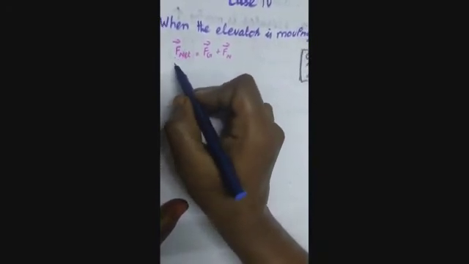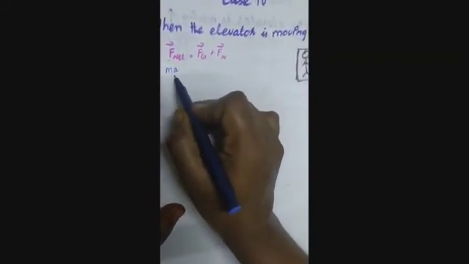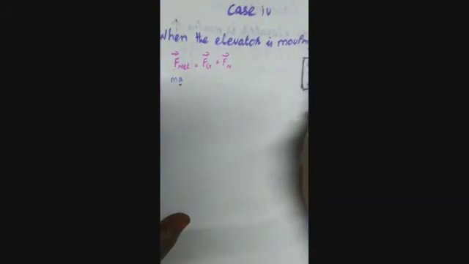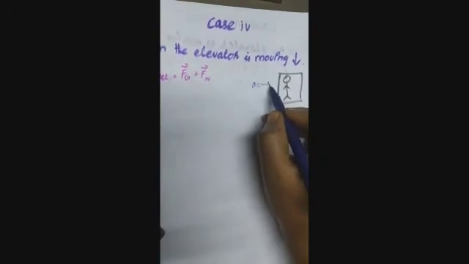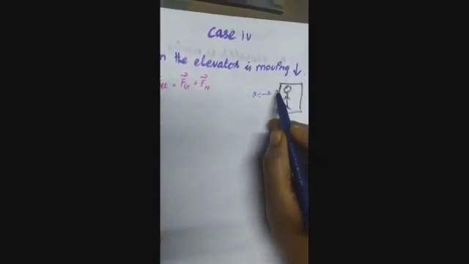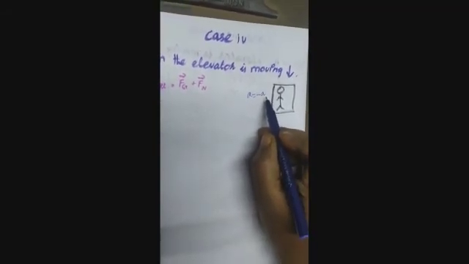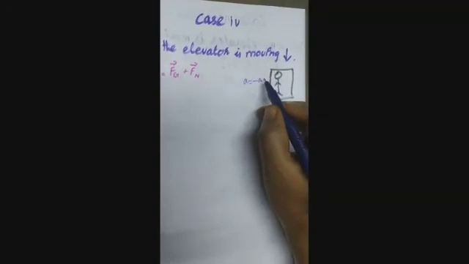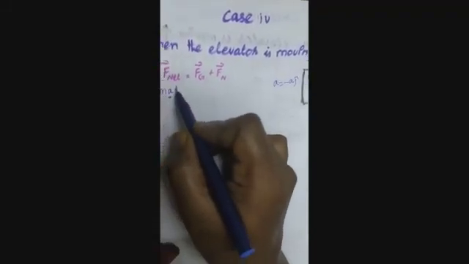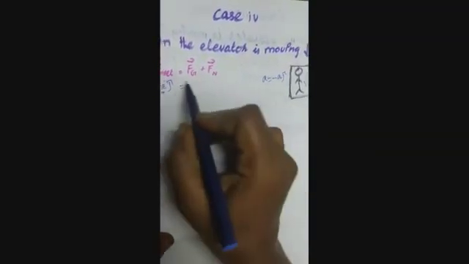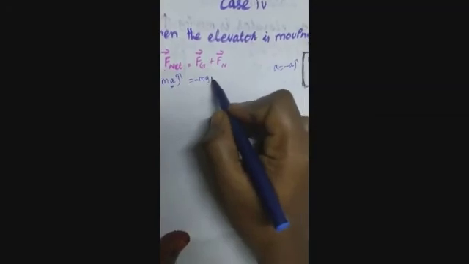Now this acceleration is in the downward direction, along the y axis, so we take the j component: a is equal to minus a j cap. So minus ma j cap is equal to the gravitational force, acting downward, minus mg j cap, plus the normal force acting upward, plus N j cap.